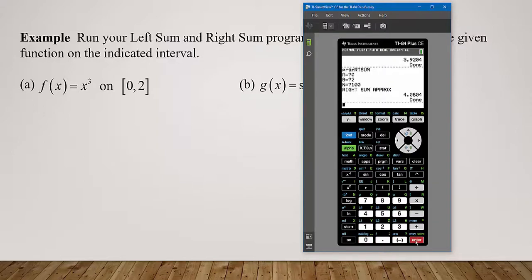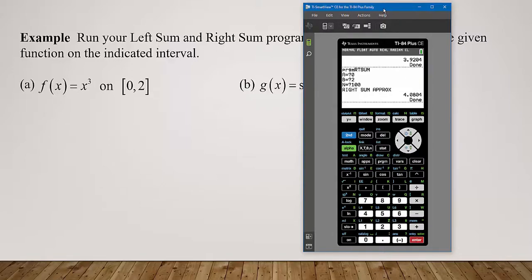And I have the right sum approximation is 4.0804, which means at this point I can write a compound inequality. 3.9204 is less than the area, is less than 4.0804. And in a minute I'll go to the chalkboard and I'll put that on the chalkboard. But that's a pretty good approximation for the area.